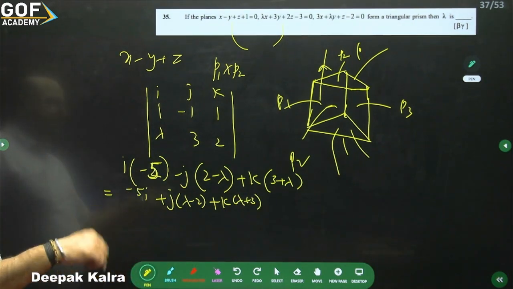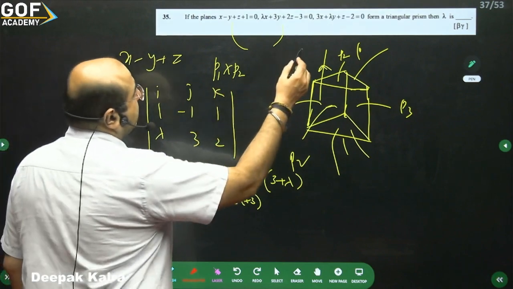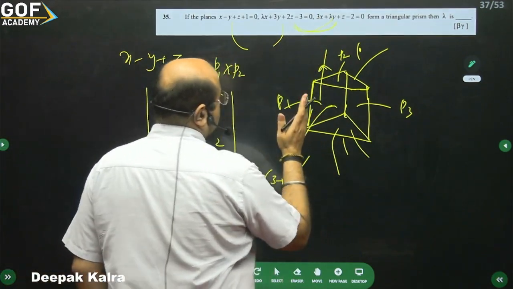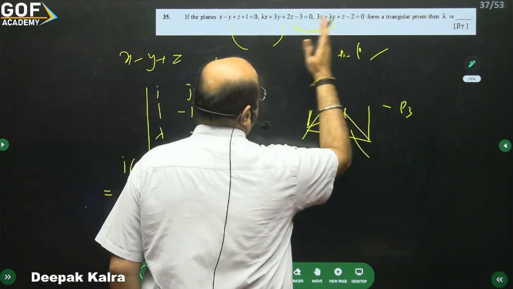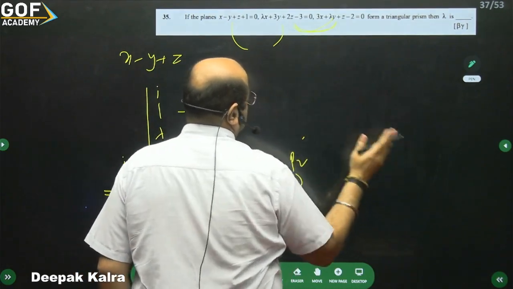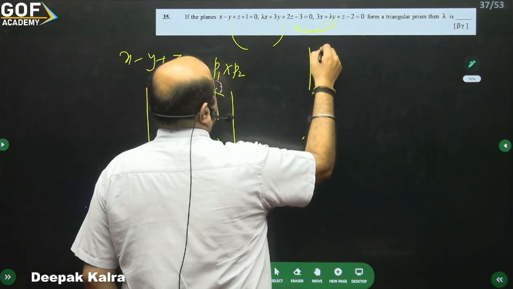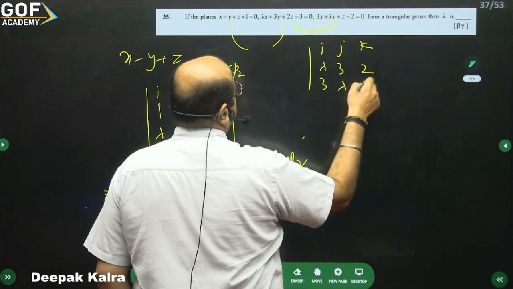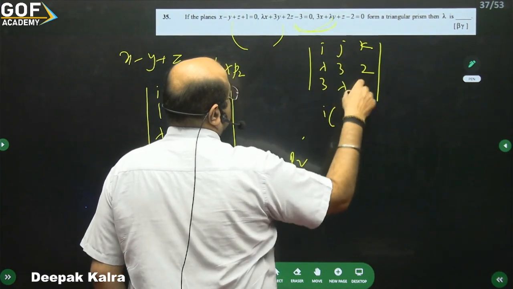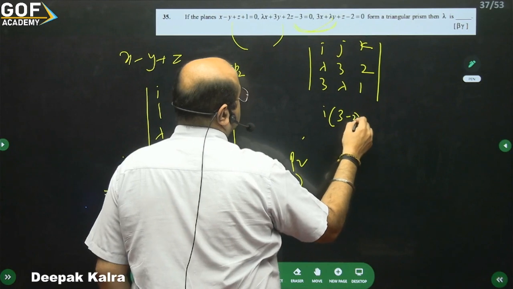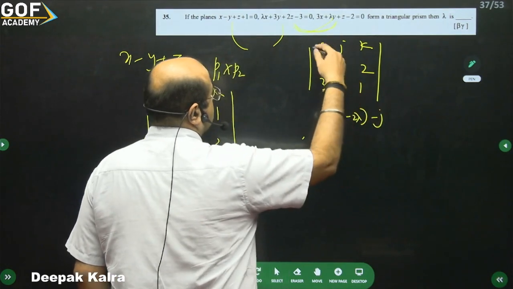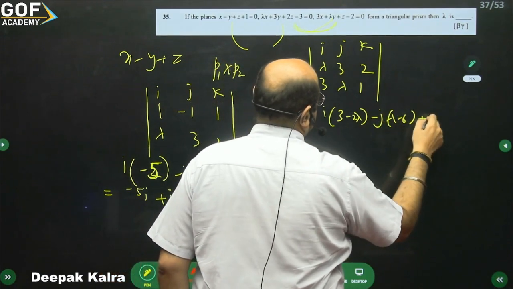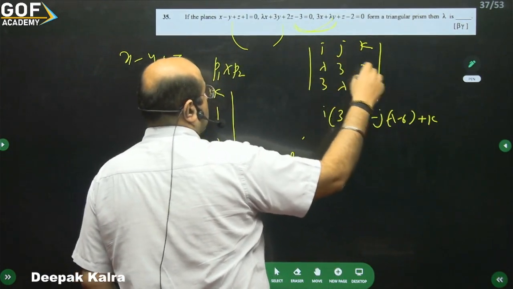This is to be parallel with another if I take these two. So what are they? I'll do it here. i, j, k; lambda, 3, 2; 3, lambda, 1. This gives (3 minus 2 lambda) i, minus j times (lambda minus 6), plus k times (lambda square minus 9).